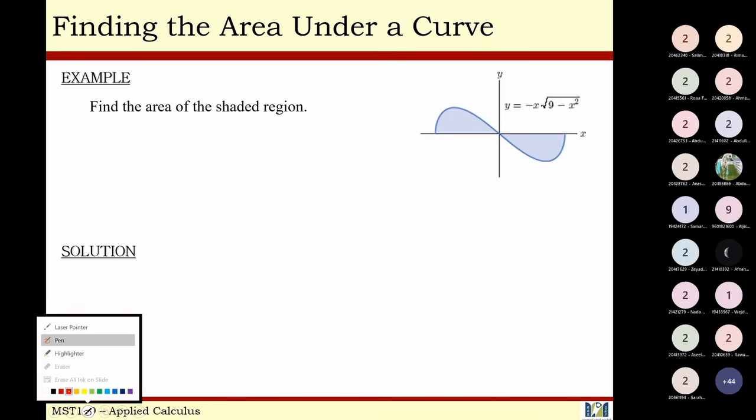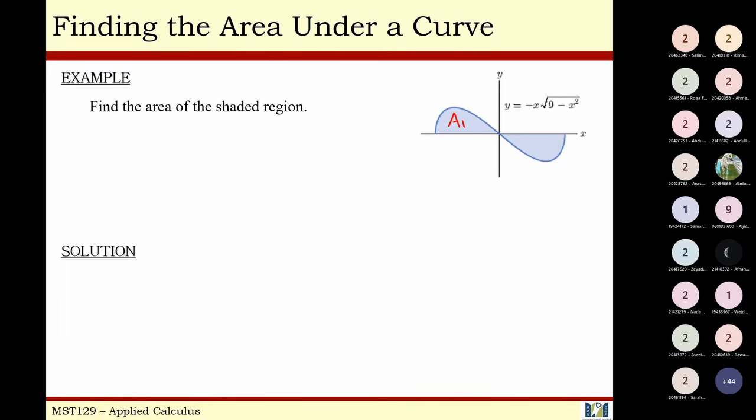So we have area 1 and area 2. Okay, now we must find this point and this point. This means y equal to negative x times radical 9 minus x squared must be equal to what? 0, because this is the value where y equals 0.